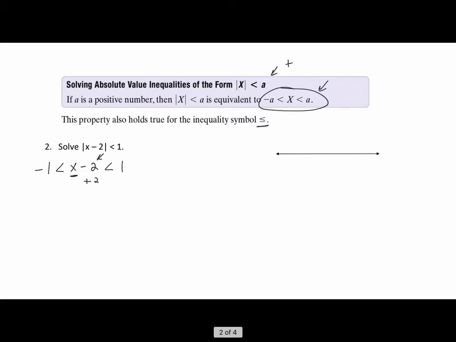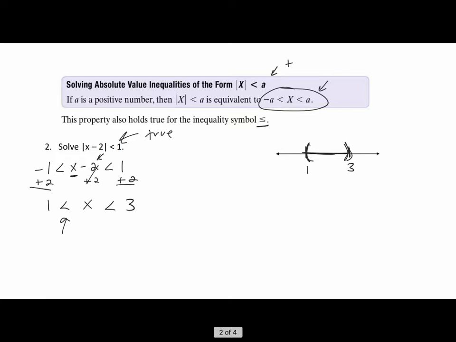So let's add 2 to all 3 sides here. So the left side, that's 1. The middle, that's just x. And the right side, that's 3. So this says that if x is a number between 1 and 3, not including because there's no equals to there, then this statement will be true.